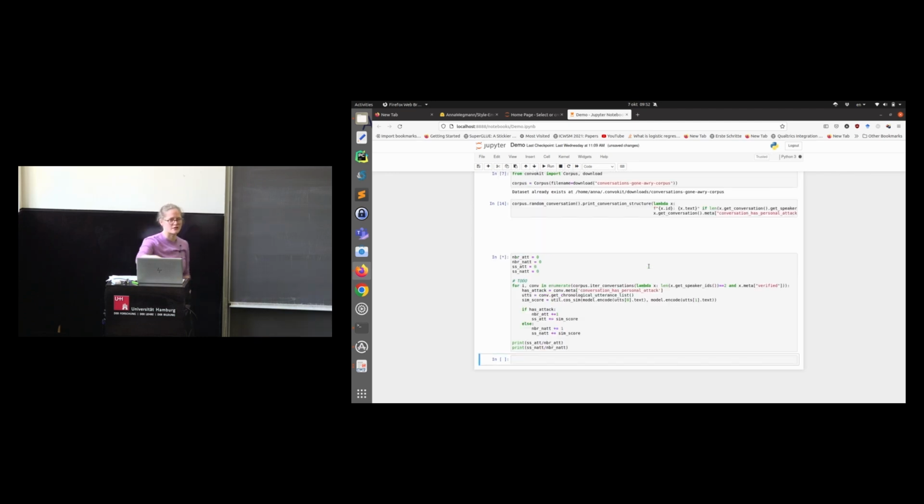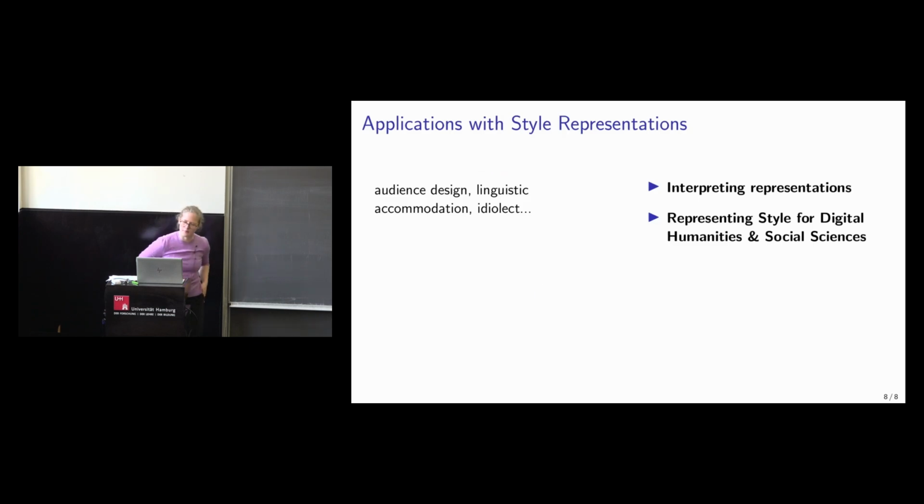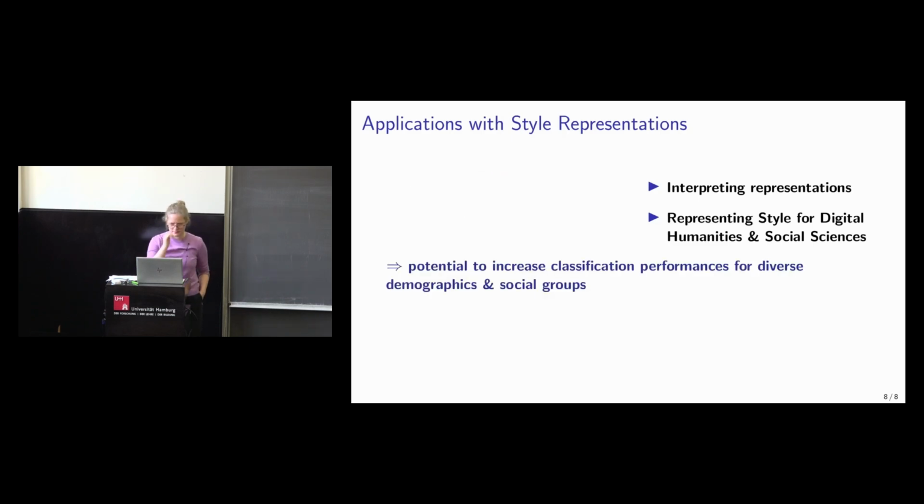But what we do here is basically we look at these conversations, take the first utterance and the second, then calculate style similarities. And depending on whether it derails into personal attacks, we calculate the mean of the style similarity scores. Okay, this is going to take a bit to look at.